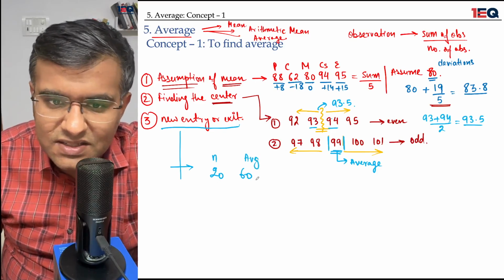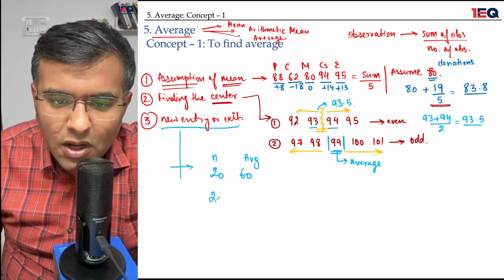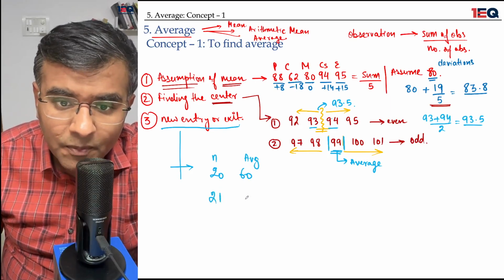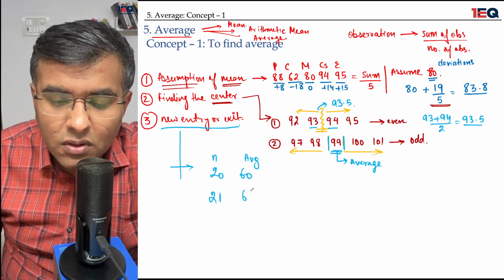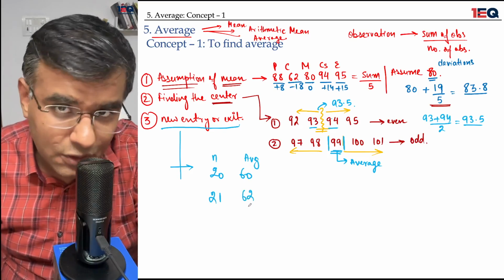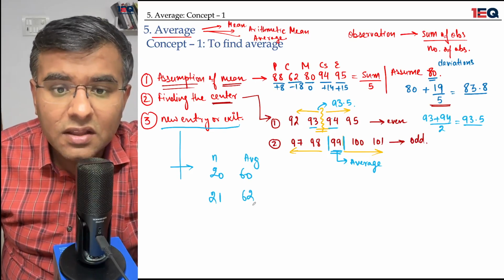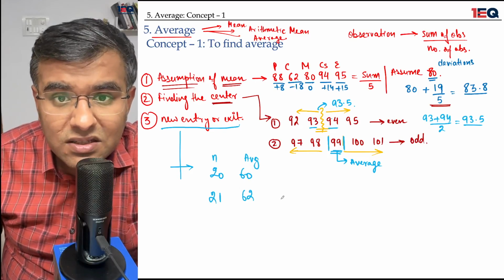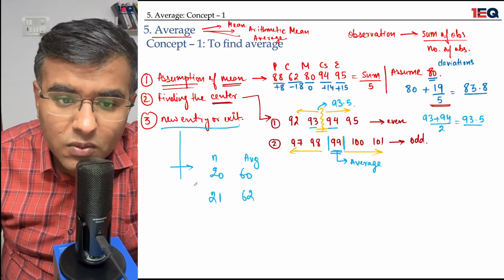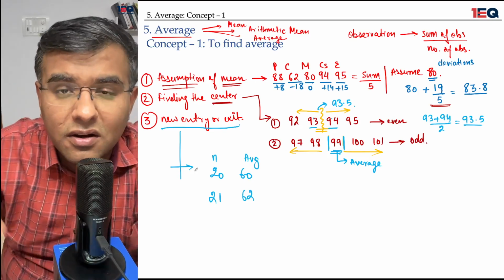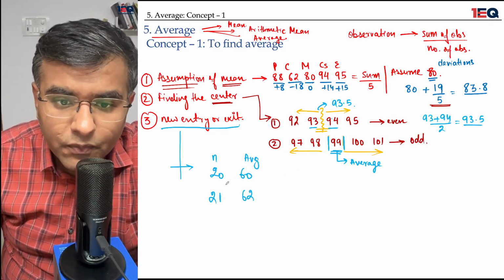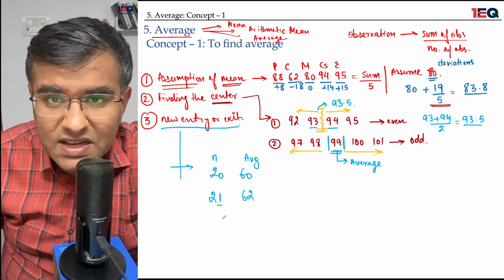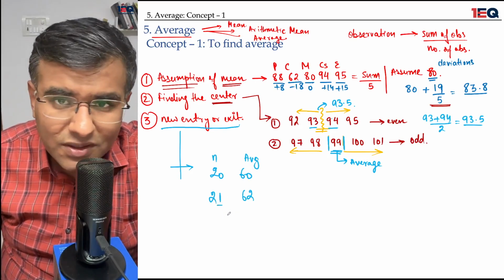Let's assume another student enters into the game, and now the average has increased to 62 marks. The average has increased by 2 marks. So what was the score of the student who entered later? This is the one student who has created all the difference.